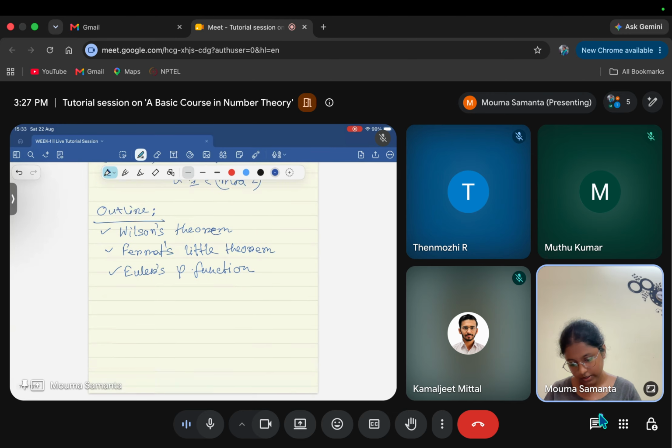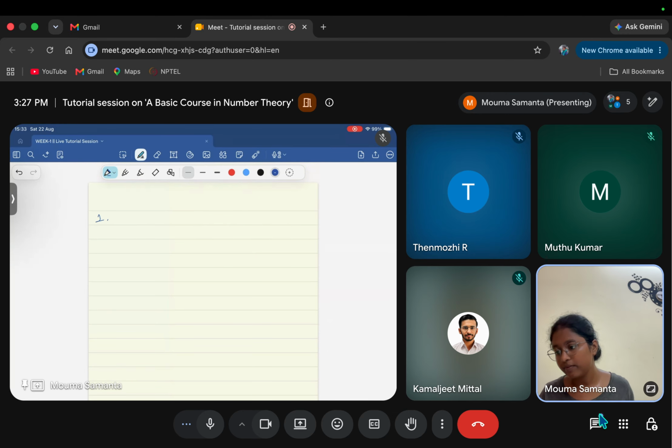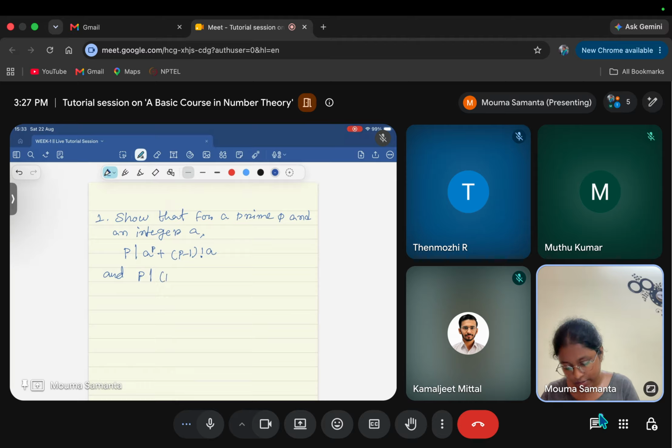So first let's start with question number 1. Show that for a prime p and an integer a, p divides a power p plus p minus 1 factorial times a, and p divides p minus 1 factorial times a power p plus a.